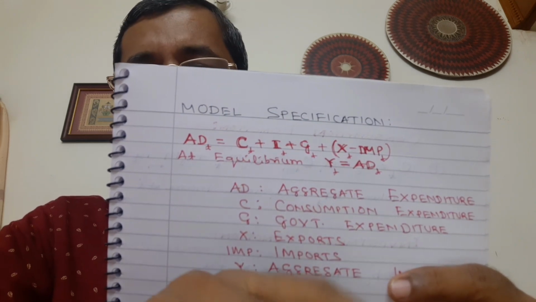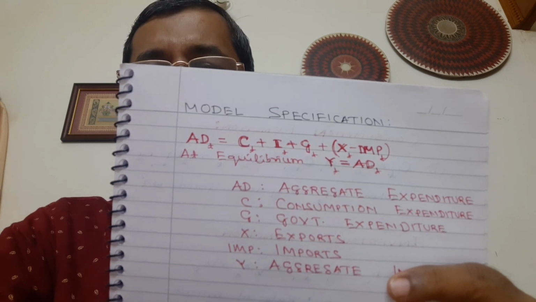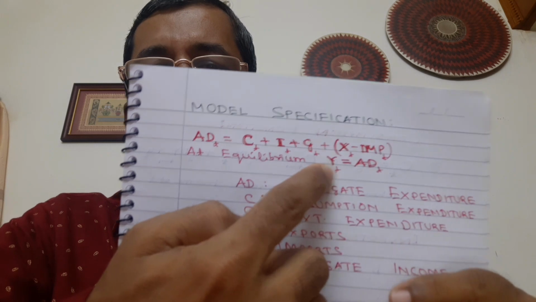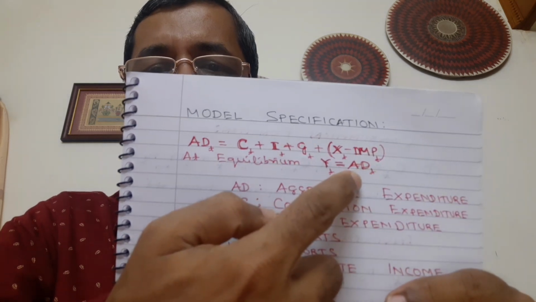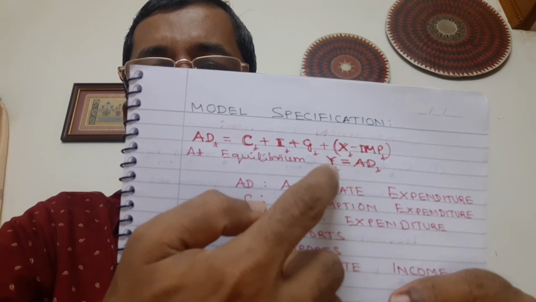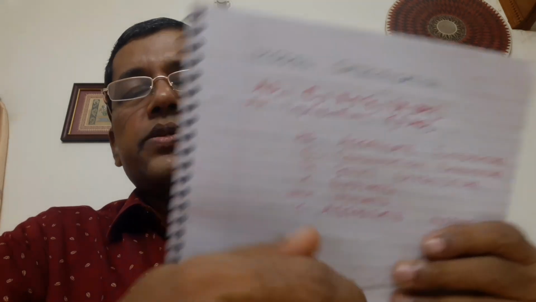So C_t refers to consumption expenditure at time t, and at equilibrium, Y, which stands for aggregate income, is equal to AD, aggregate demand. So that is the basic Keynesian model to start with.